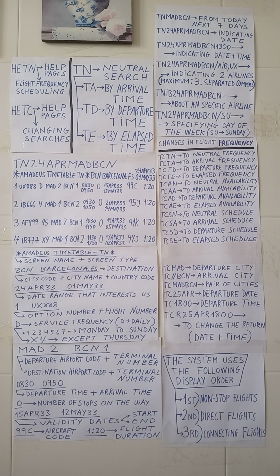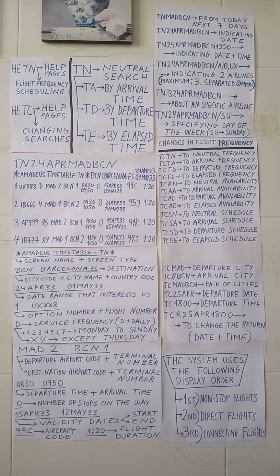TC1800 is used to change a search that has been done previously so that now the new search is with an exit at 6 p.m. Finally, TCR25APR1800 is used to change a search that has been done previously so that now the new search is with a return on April 25 at 6 p.m. The letter R is used to indicate that we only want to change on the return.